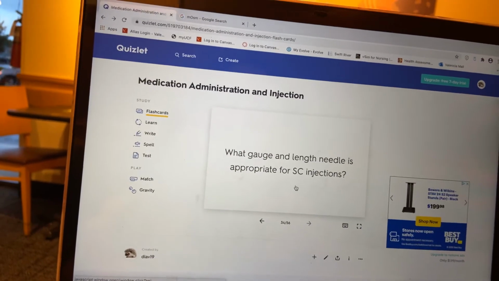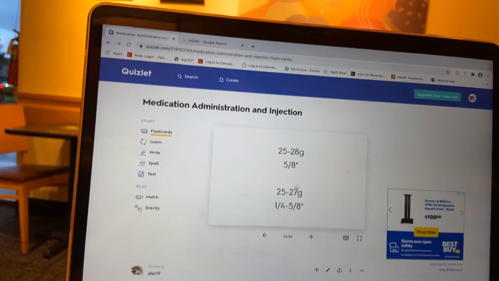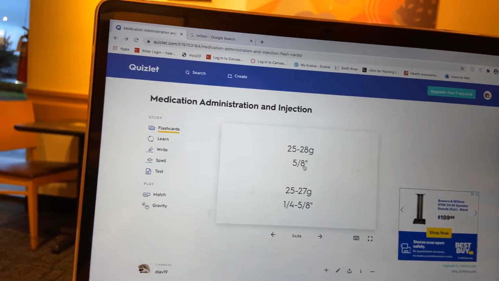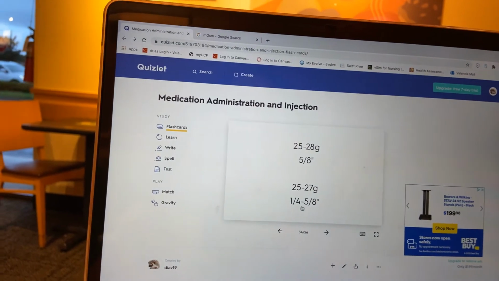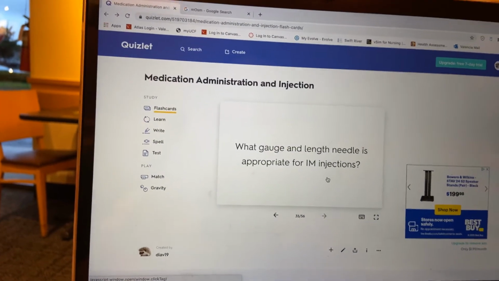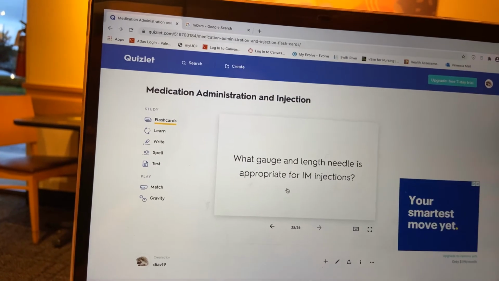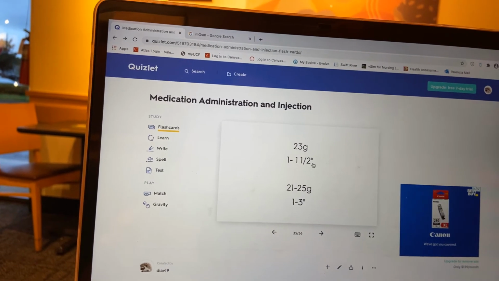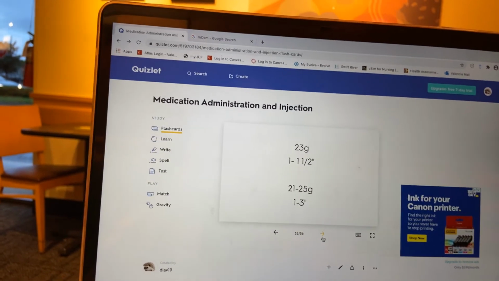What gauge and length needle is appropriate for subcutaneous injections? 25 to 28 gauge, 5/8 of an inch, or 25 to 27 gauge, 1/4 to 5/8 inch. What gauge and length needle is appropriate for intramuscular injections? 23 gauge, 1 to 1.5 inches, or 21 to 25 gauge, 1 to 3 inches.